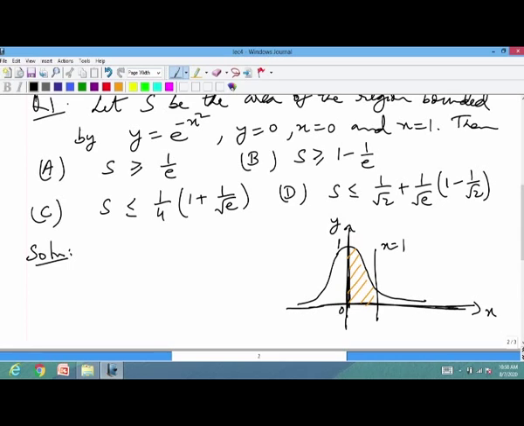Now, at x equal to 1, e to the minus x square will give 1 by e. So, this point is 1 comma 1 by e.